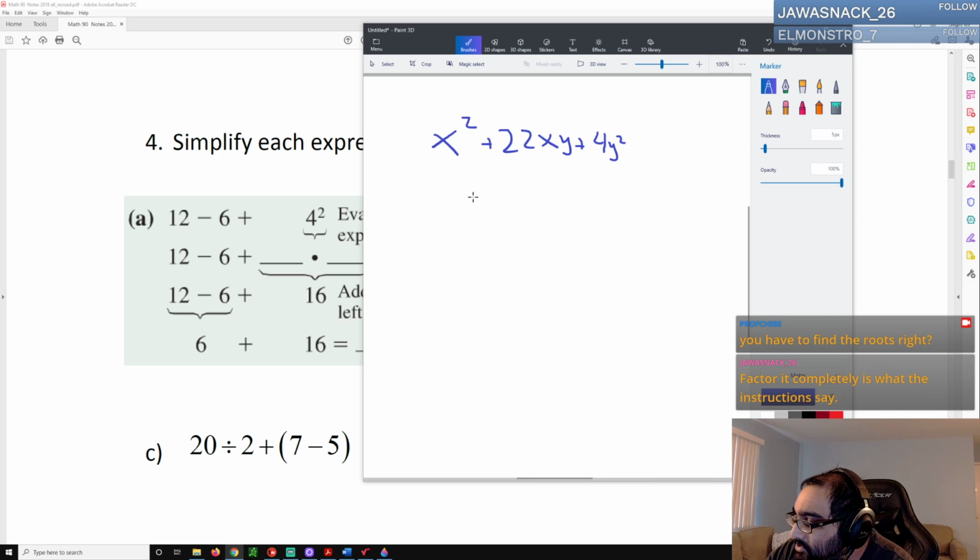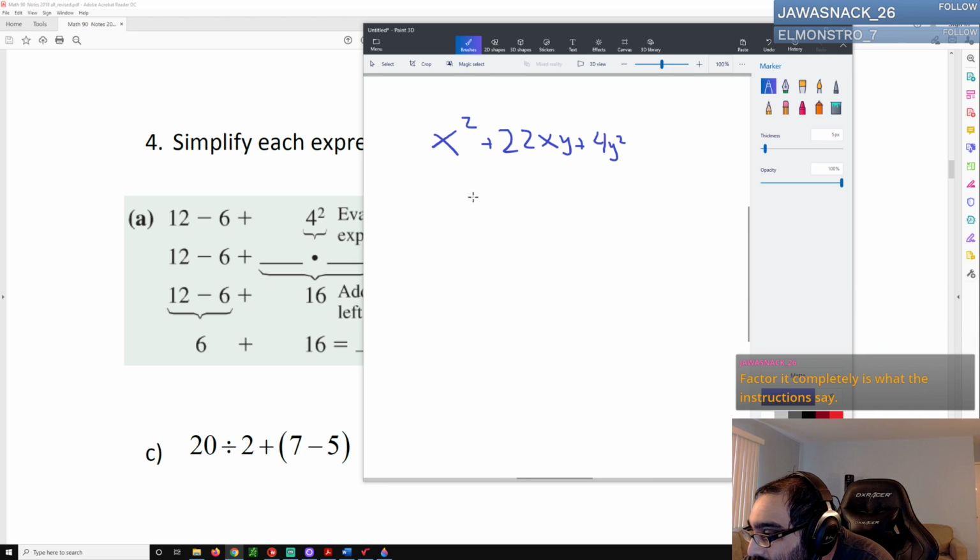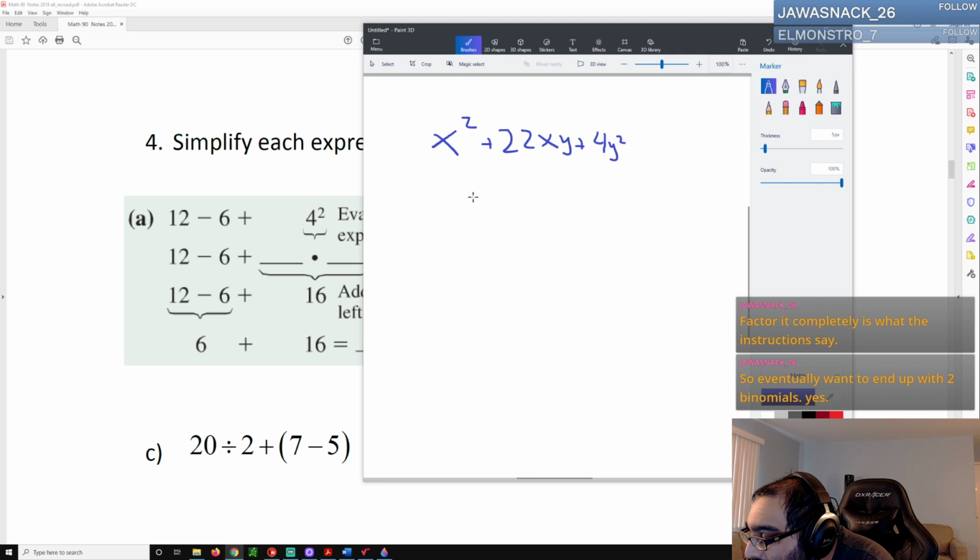Are you sure there isn't a number in front of x squared? Did you look at that problem again? You sure it's 22x with the 4y squared there? Yeah, that's true, I know that. Could you look at that again? You sure it's just 1 as the coefficient for x squared?